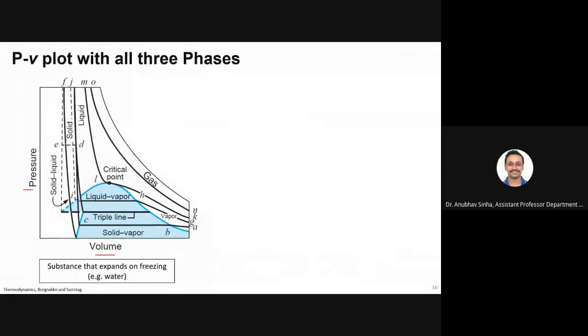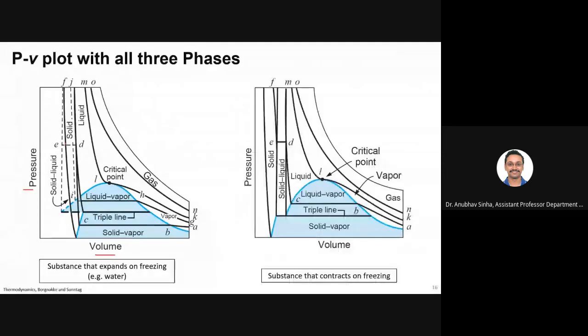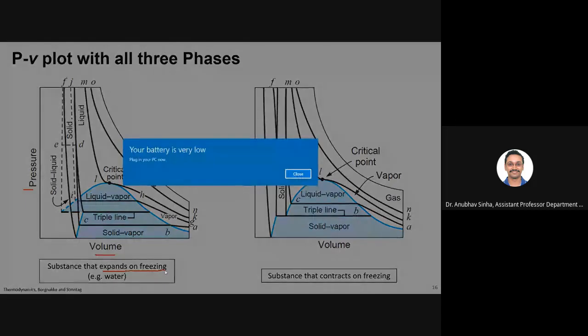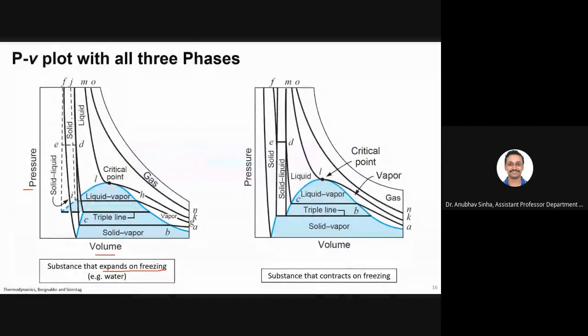If you look at this curve carefully, let me draw another curve. This is for a substance like water, which expands on freezing. If you know that when you freeze water, the volume increases. Similarly, for a substance which contracts on freezing, this is the curve.